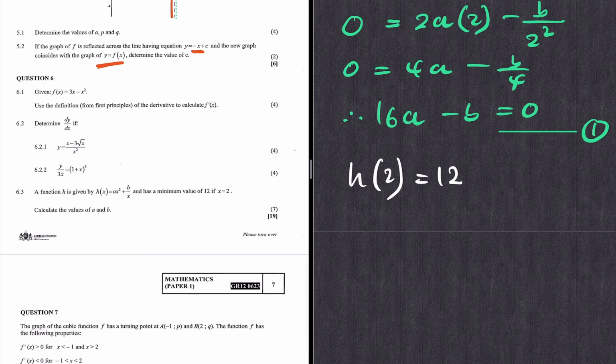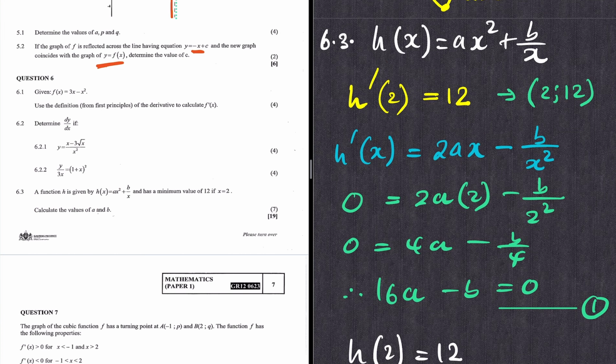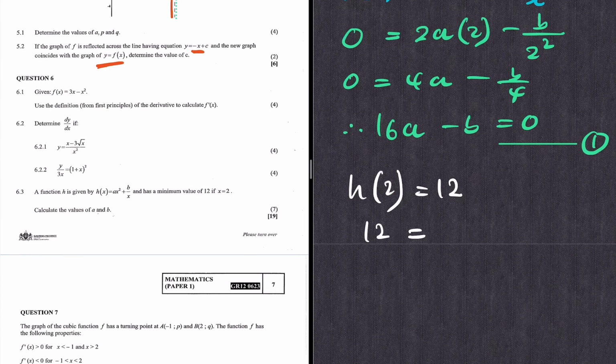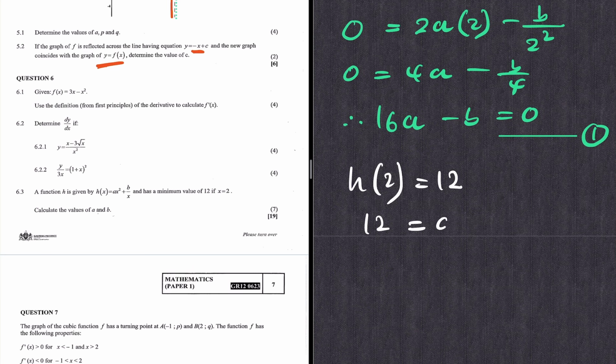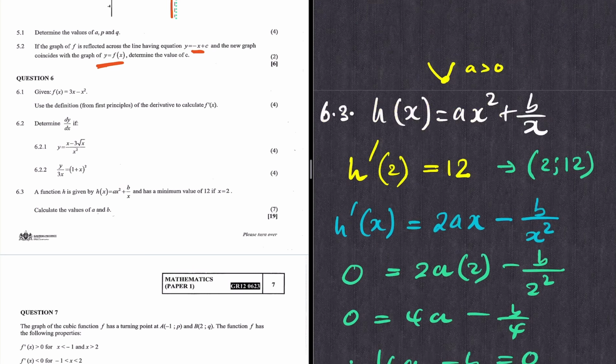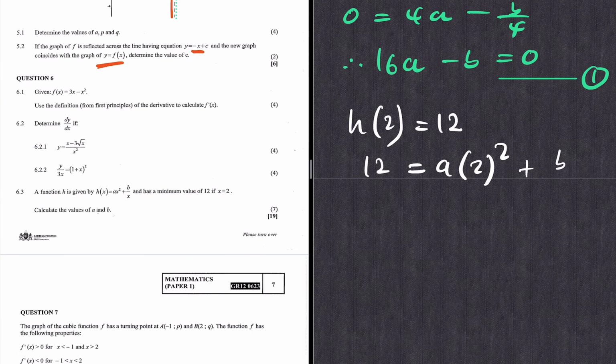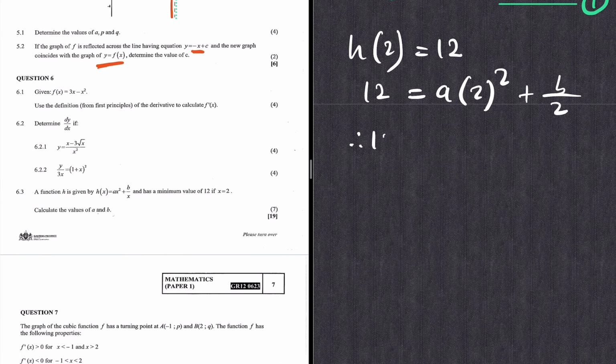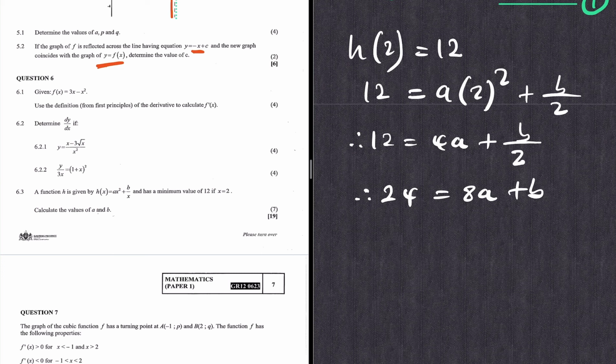So 12 equals a into 2 squared plus b over 2. Simplifying, 12 equals 4a plus b over 2. Clearing fractions, 24 equals 8a plus b. That is equation number 2.